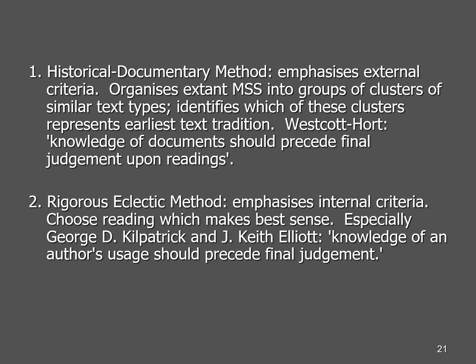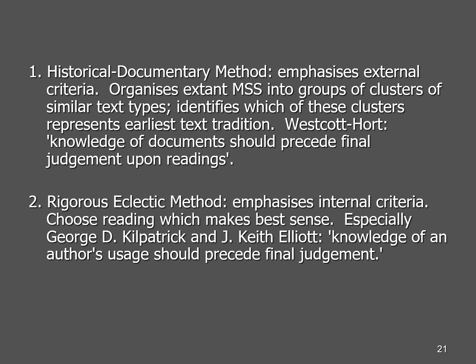So, for example, Westcott and Hort said that knowledge of documents should precede final judgment upon readings. They are saying we need to understand what the external texts have read and give preference to an understanding of those manuscripts per se.